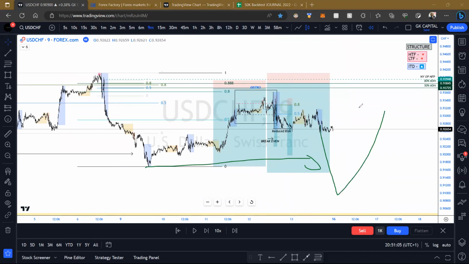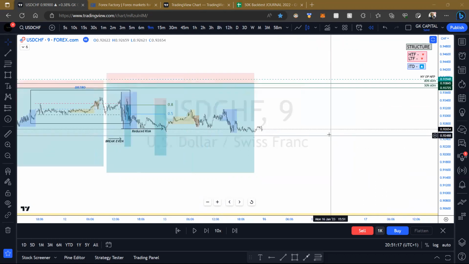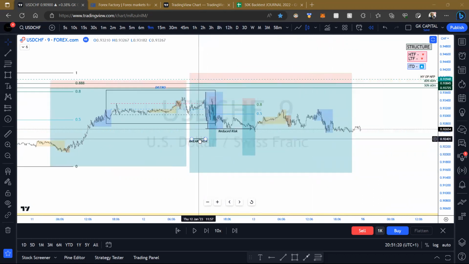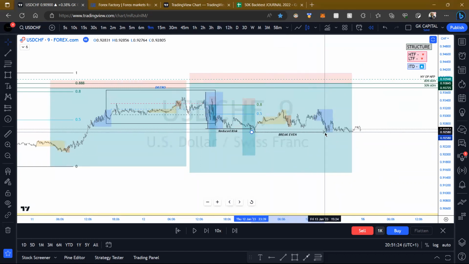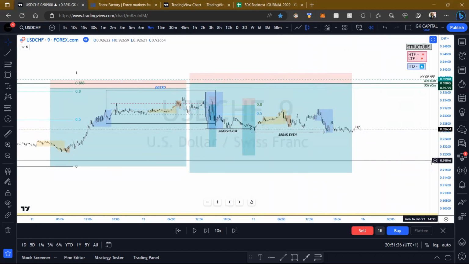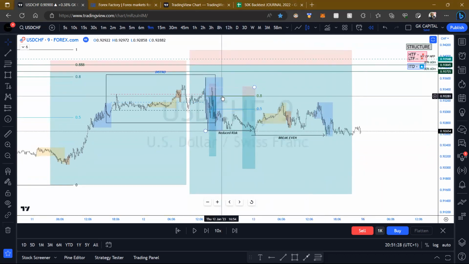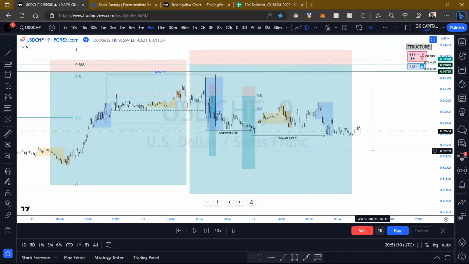Once we do that and we come up, I'll see if I can throw a limit back in there. This for me has been mitigated, so that's all good. Right now we're on break even, which would be somewhere there on that trade management. So we're at the end of London, New York close, and we've gone to break even on this trade here.